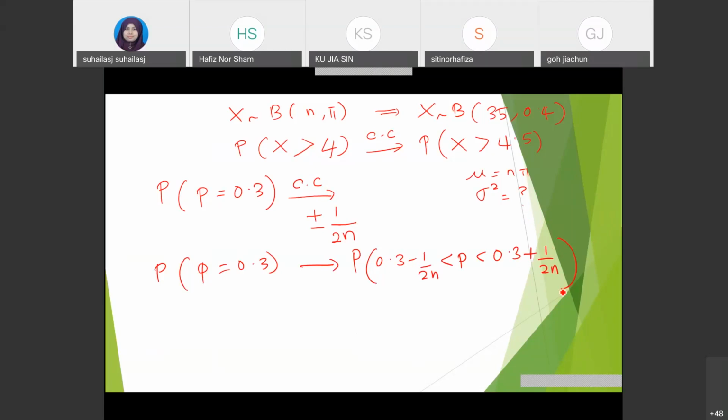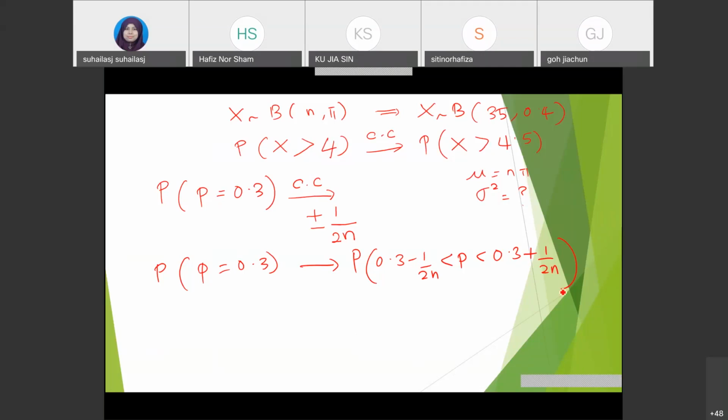It is in the form of an interval. It is like when you do probability X equals 3, exactly 3. That one is discrete, in binomial. But now you want to change to normal, so you have 3 minus 0.5 less than X less than 3 plus 0.5. That means your X is now between 2.5 and 3.5. So it's the same procedure. When you have exactly 0.3, you will have minus 1 over 2n and plus 1 over 2n.